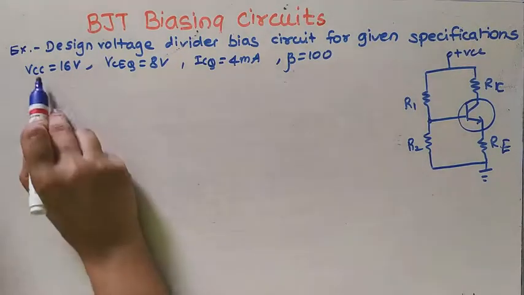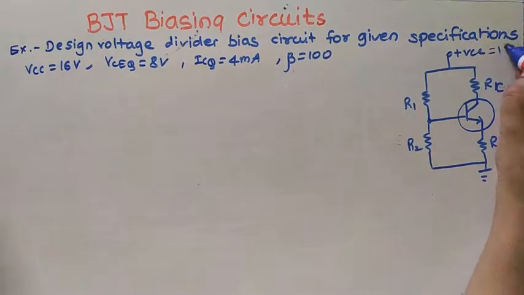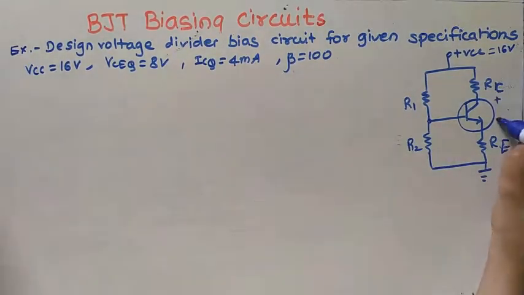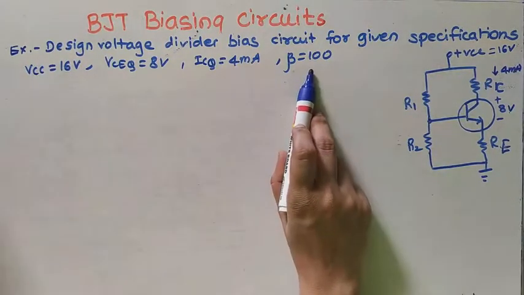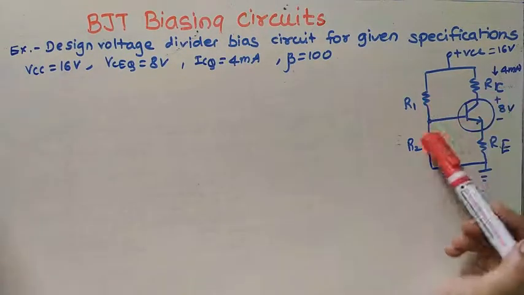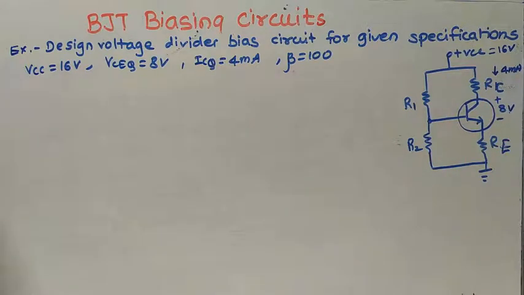The VCC supply is 16 volt. VCEQ is given as 8 volt. ICQ, the current through RC, is given as 4 milliampere, and beta for the transistor is 100. We don't know the values of R1, R2, RC and RE. We have to find that out.